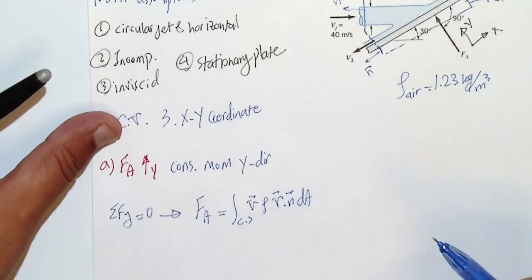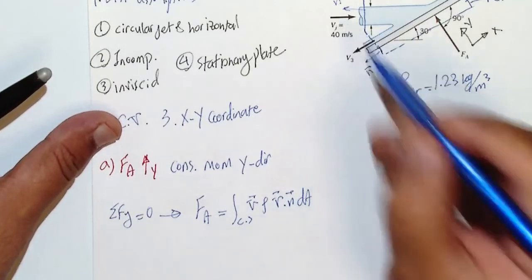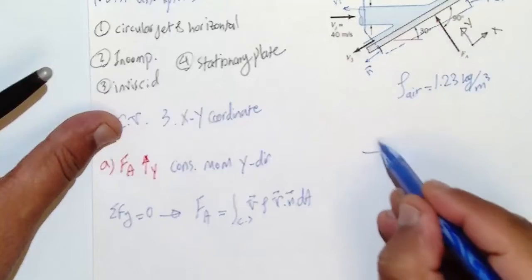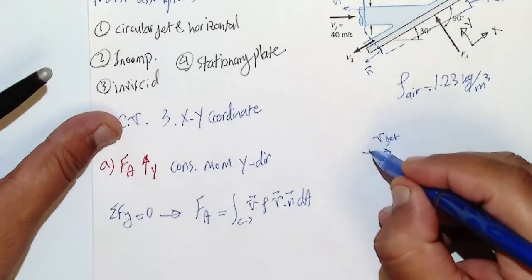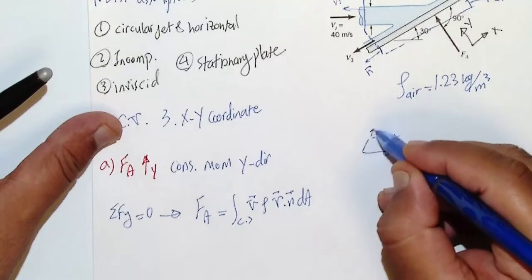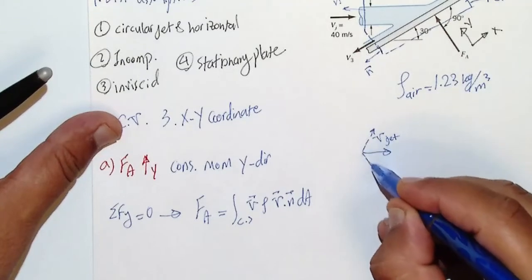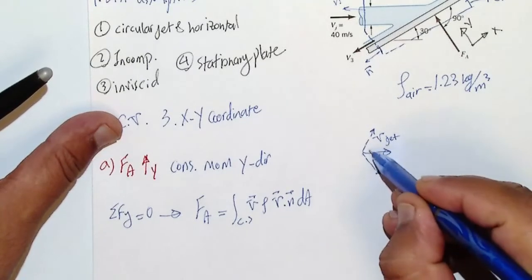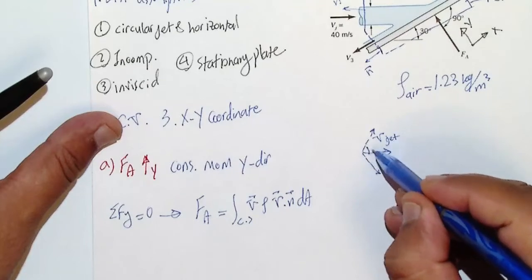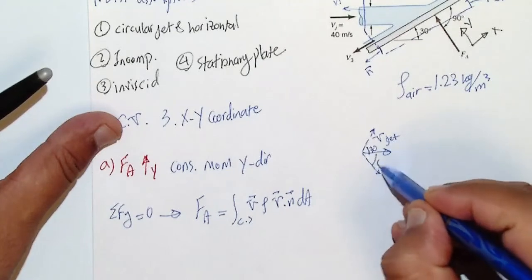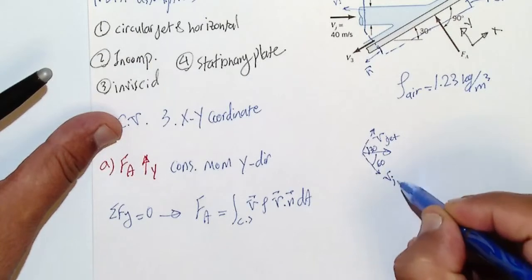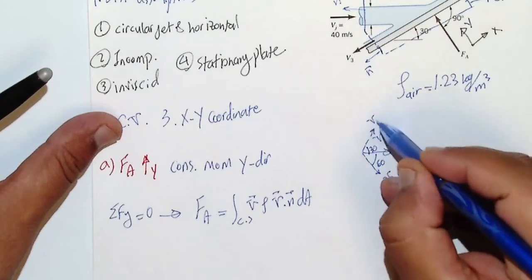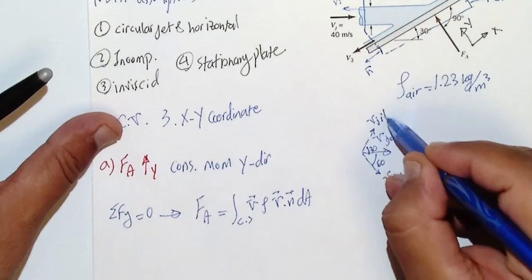so let's write it again. What we have here, we have V of the jet that has two components, one parallel to the plate and the other one normal to the plate, right? The angle here is 30 and this is going to be 60, and V jet in y, V jet in x.